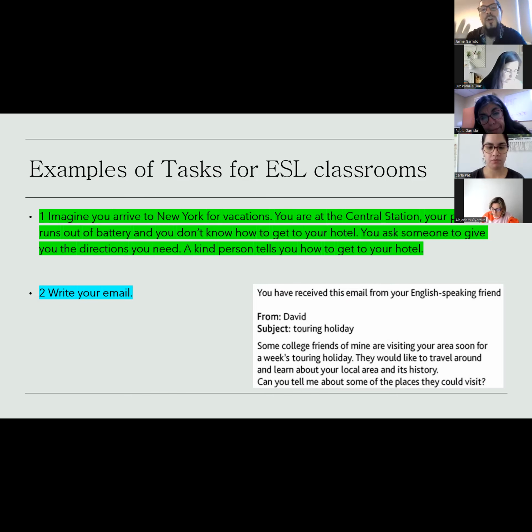So there is a problem here, and they need to come up with a solution. Again, there is no instruction in terms of grammar or vocabulary use, but it's all hidden in this stimulus, right?